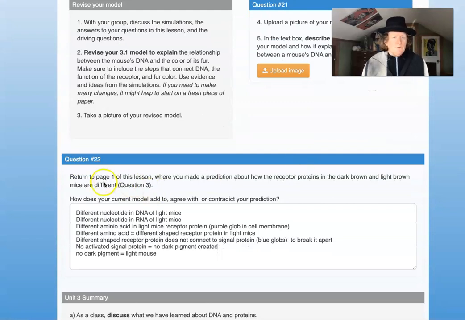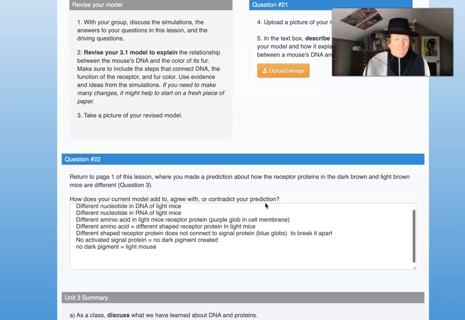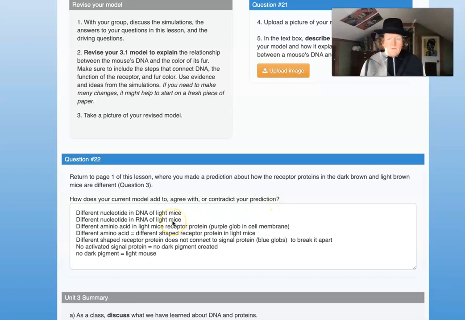For question 22, we're going to return to page 1 of this lesson where I made a prediction about how the receptor proteins in the dark brown and light brown mice are different. So how does your current model add to, agree with, or contradict your prediction? I gave you a word bank here to get you started on explaining what's going on. There are different nucleotides in the DNA that are transcribed to the RNA. They go to the amino acid that ends up being a different amino acid.